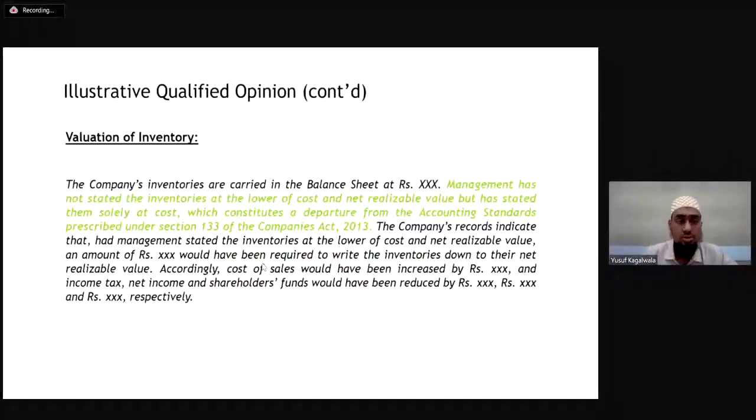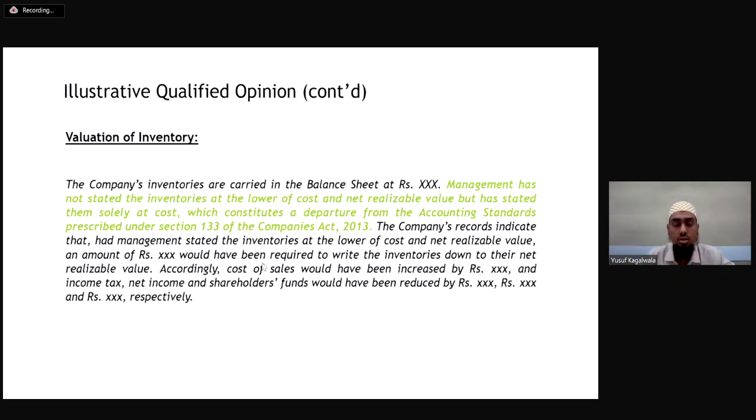In case of valuation of inventory, an illustrative qualified opinion has been given here, wherein the management has not stated the inventories at the lower of cost and net realizable value, but has stated only at cost. So this is a departure from the accounting standards, and since the impact was material, the auditors have given a qualified opinion.